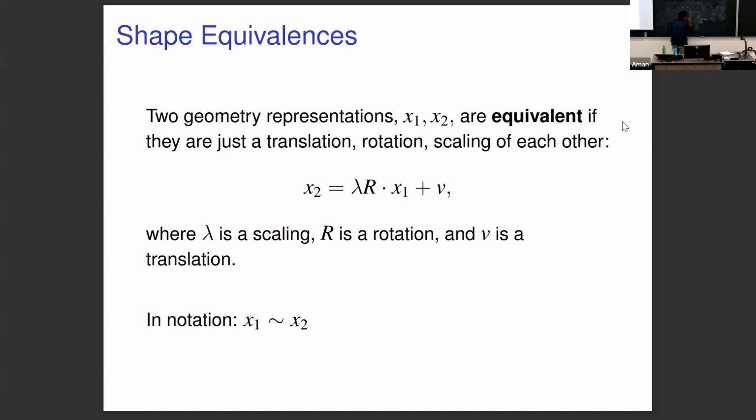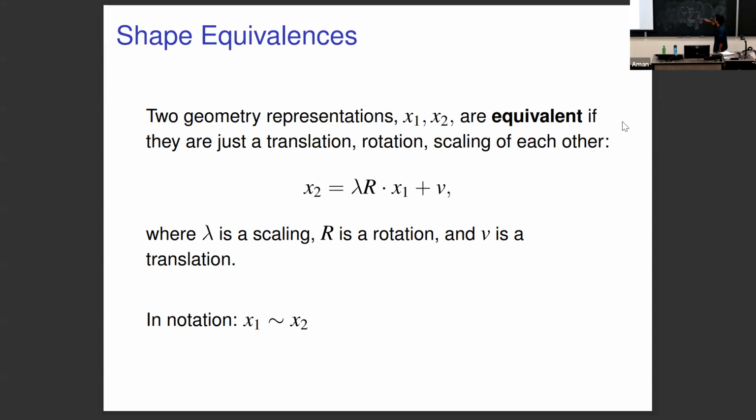R is the rotation matrix. So you have a matrix that rotates your object a little bit, and lambda is the scale factor. So if you want to scale the object a little bit, you can change the value of lambda. But x2 and x1 will always be equivalent because they follow this relationship, where x2 is just a rotation, scaling, and translation of x1, right?